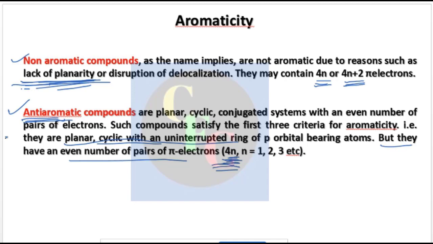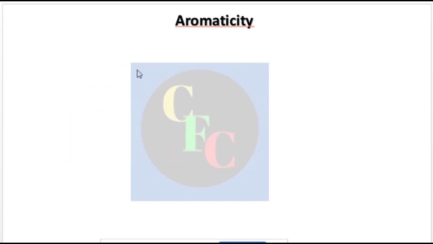So the first cyclic system is of course this cyclopropene system, right? Now suppose there is a single bond, double bond here. So this is our cyclopropene, right?